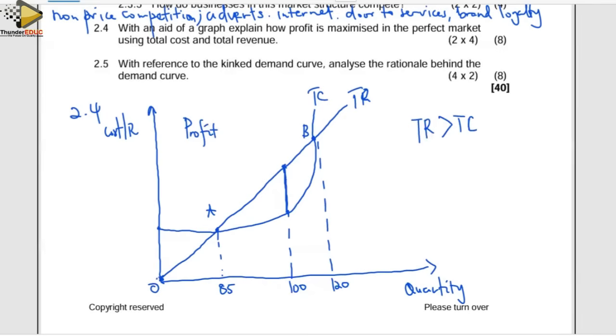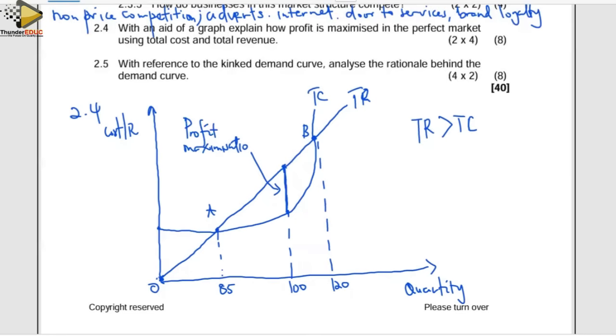Profit maximization happens here, where there is the widest part of the difference between the total revenue and the total cost. If we come here again, you will see that at this particular point there is zero profit.